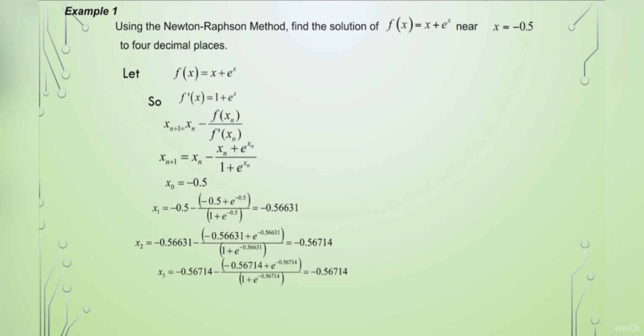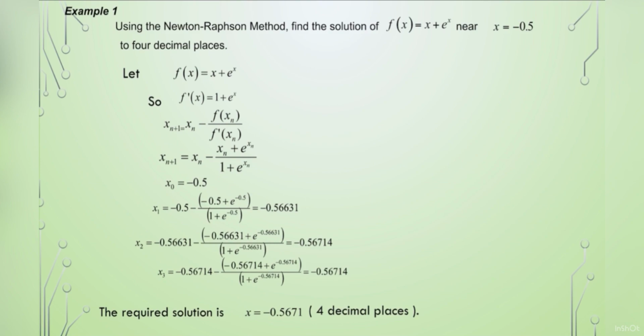We will have -0.5671. So once these two values are the same when changed into 4 decimal places, we can stop and conclude the answer. So the required solution is x = -0.5671, to 4 decimal places.